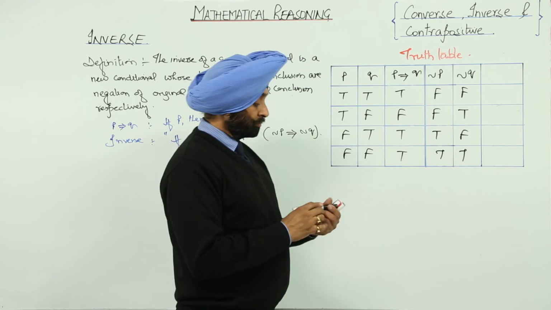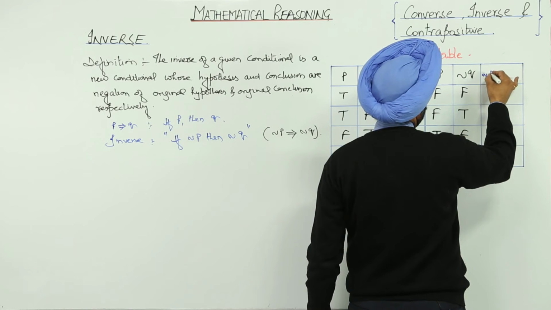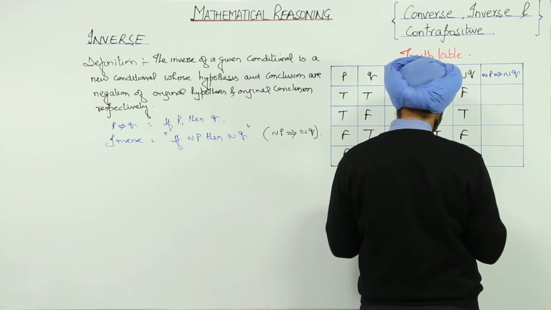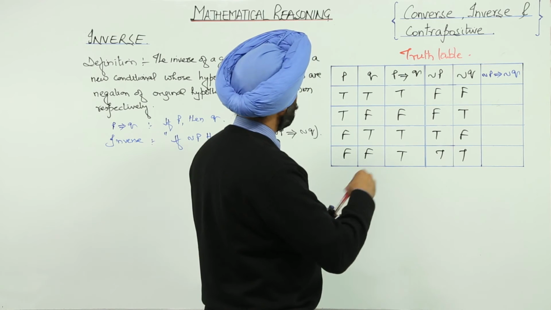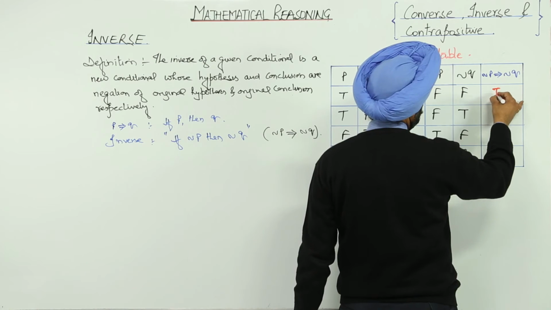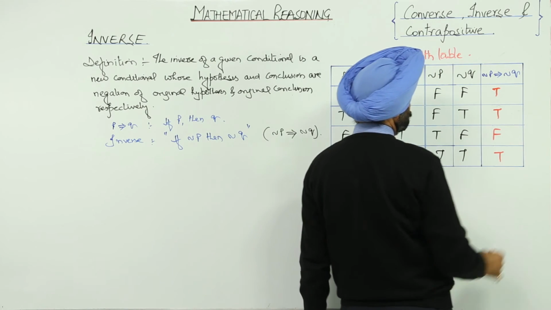Okay. So negation of P implies negation of Q. Now what the result will be? Now the result will be true, true, false and true.